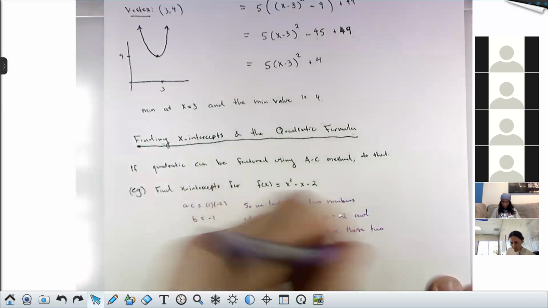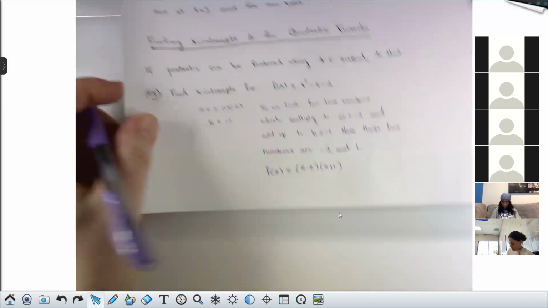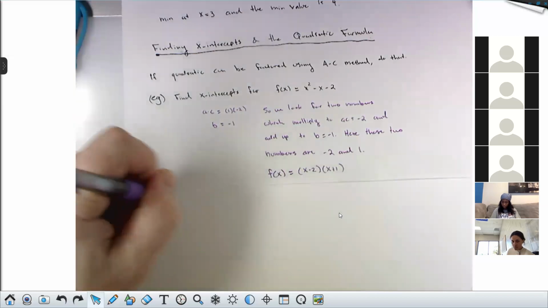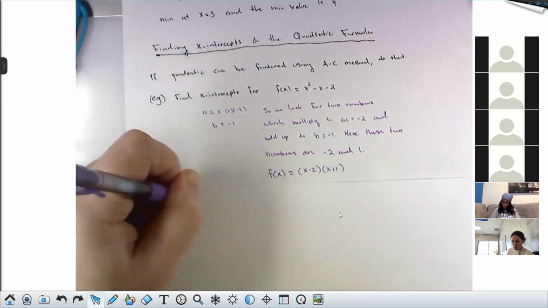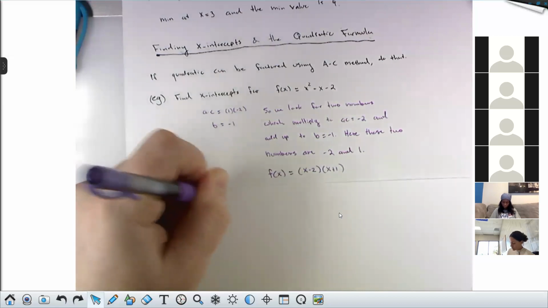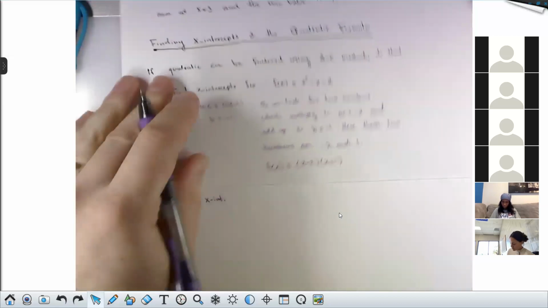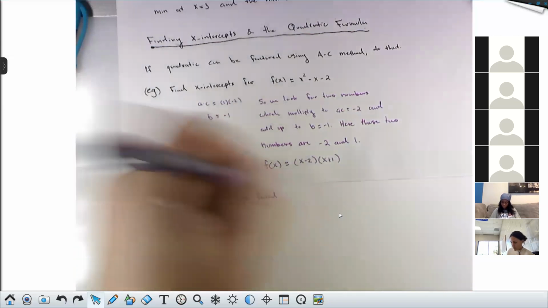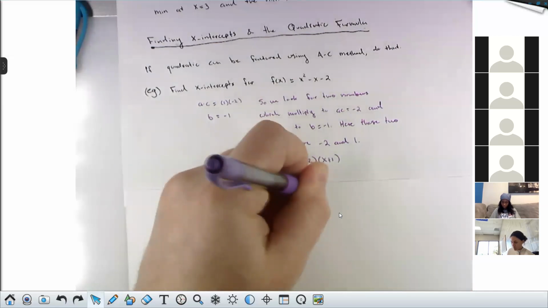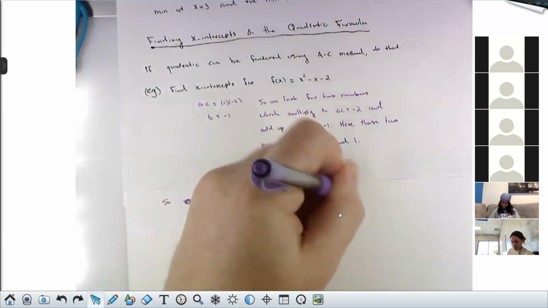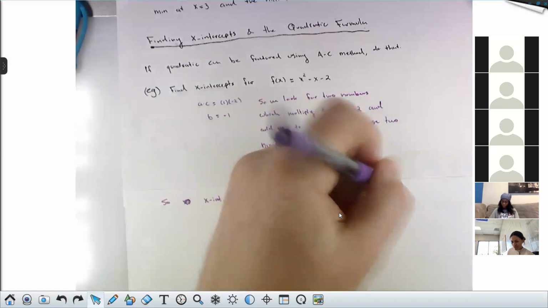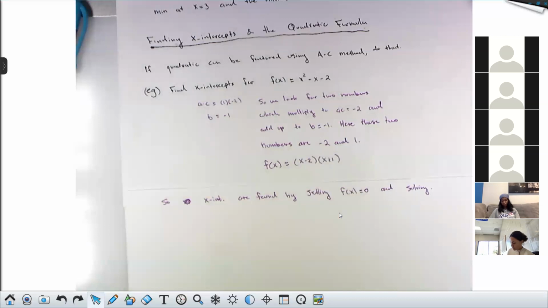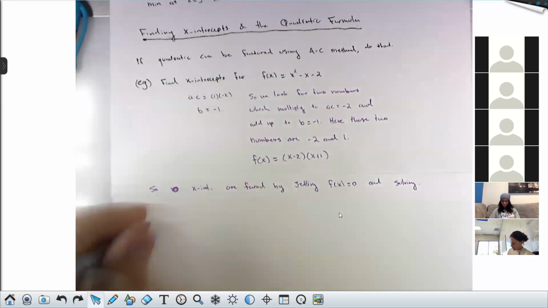So the x-intercepts are found by setting f of x equal to 0 and solving. Since we've already factored the thing, setting it equal to 0 is not hard.